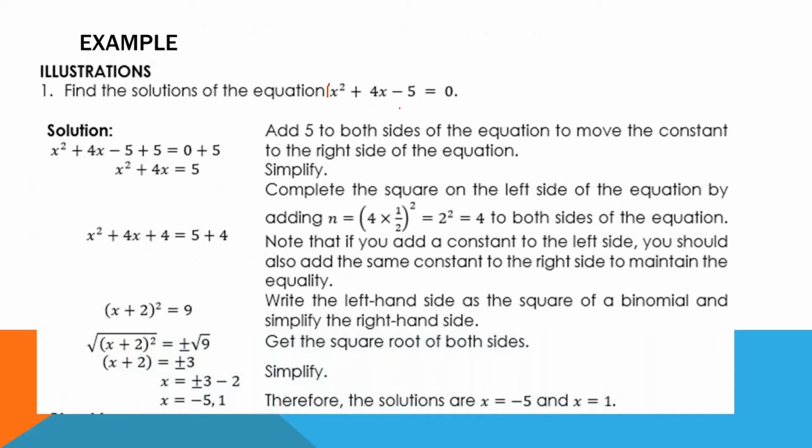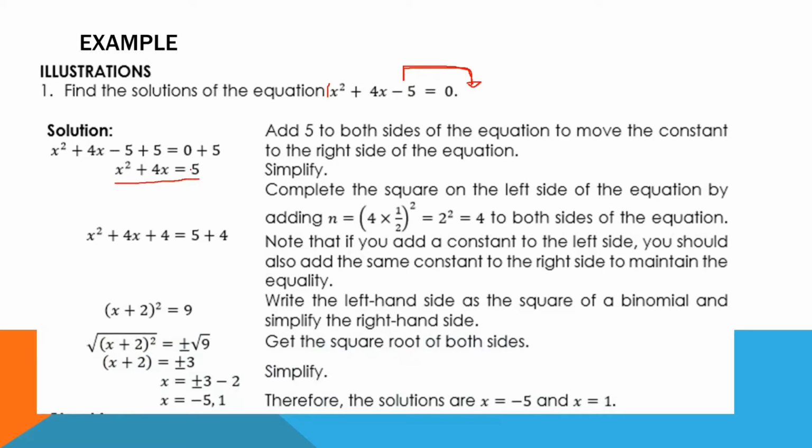Then kailangan daw nating ilipat yung constant natin sa other side. So para malipat natin yung constant, we are going to transpose negative 5 to the other side, then it becomes positive 5. So magiging ganito siya: x squared plus 4x is equal to 5.